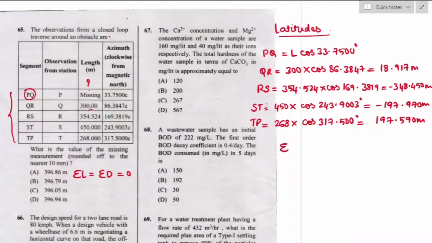So for a closed loop traverse, summation of latitude is equal to 0.